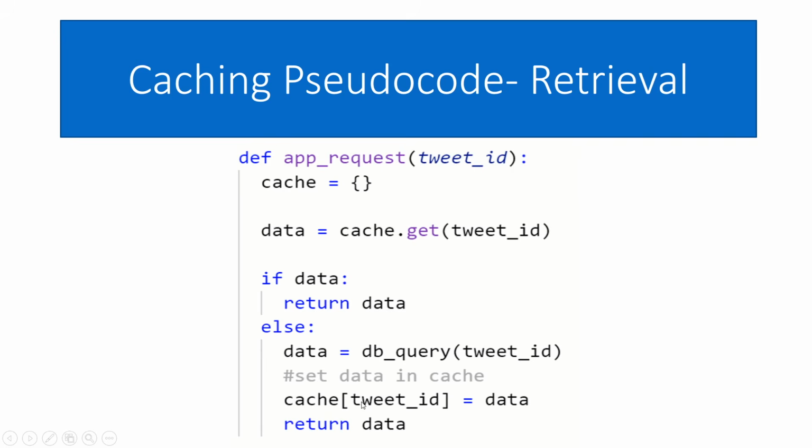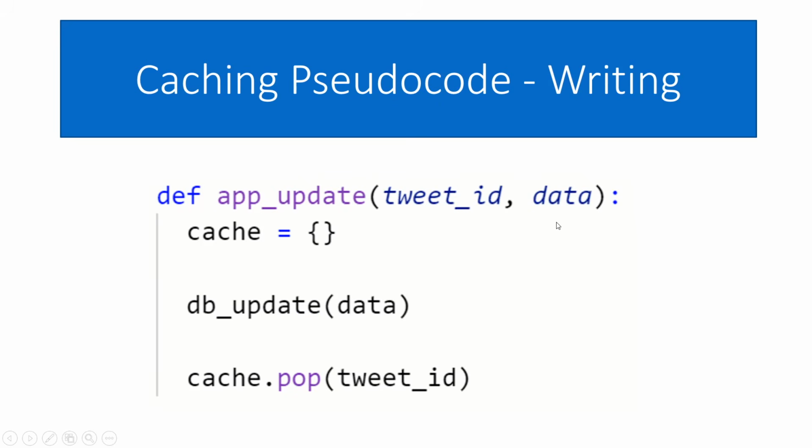So the next time a user requests that same tweet, it'll hit here and it will return, so we don't have to make that database query. For writes, we've got a similar setup. In this case, if we're updating a value, we go to our database, we update the tweet, and if the tweet is already in the cache, we want to make sure we remove it so that we don't have an issue with what is called stale data, and we'll go over that a little bit later.